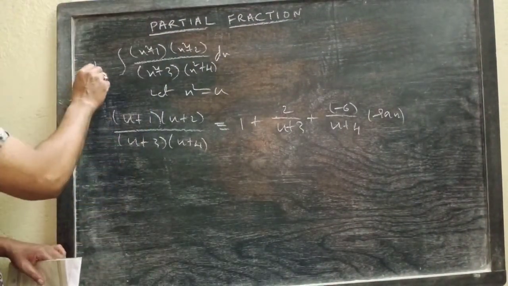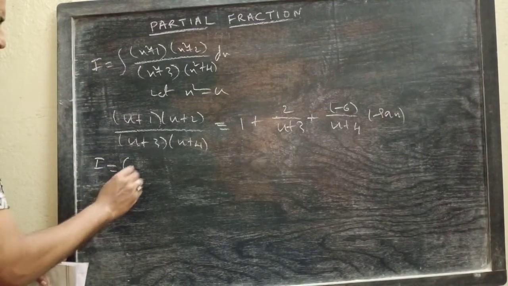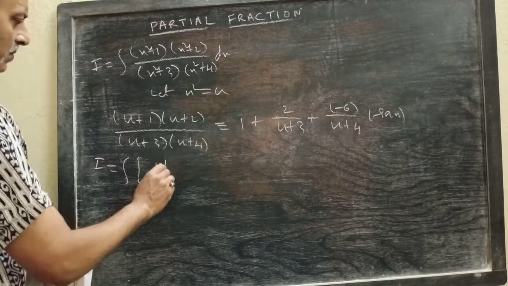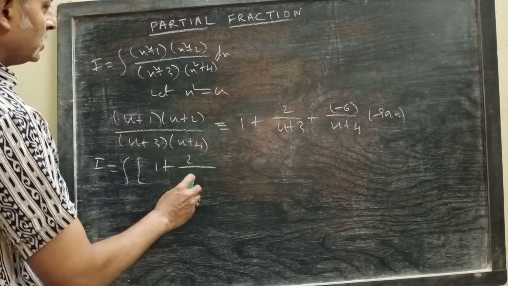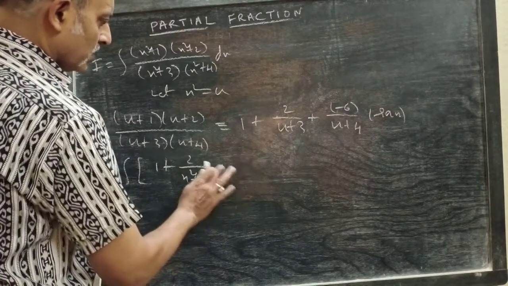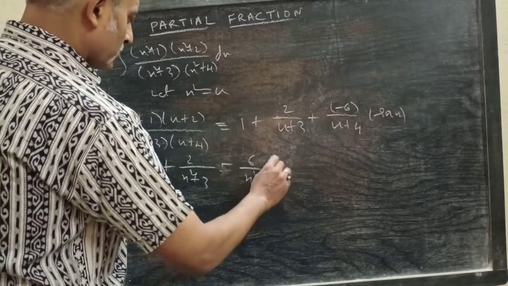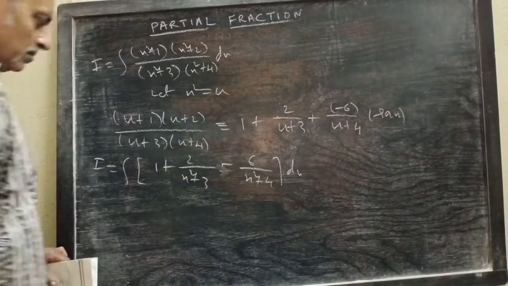So if we consider the given integral as I, then I will become integration of 1 plus 2 by (x square plus 3) minus 6 by (x square plus 4) dx.